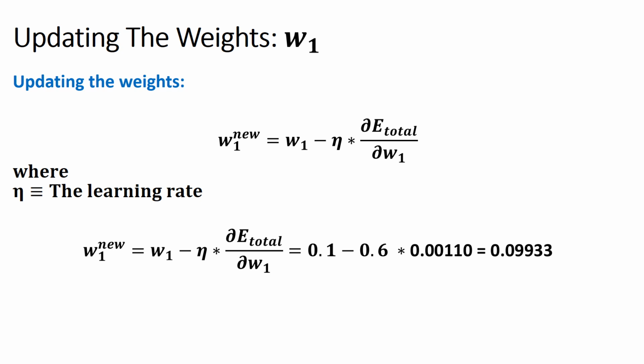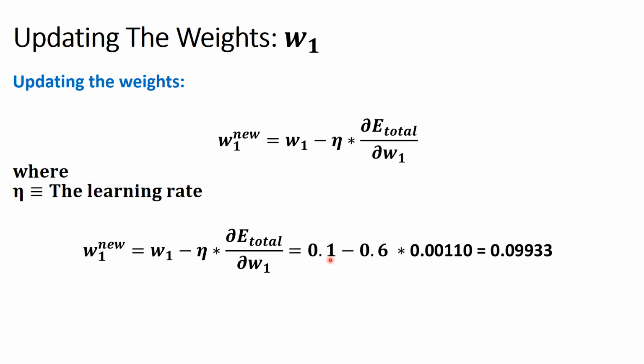Now we update the weight W1. W1 new equals W1 old minus eta multiplied by the partial derivative of E total with respect to W1, where eta is the learning rate.